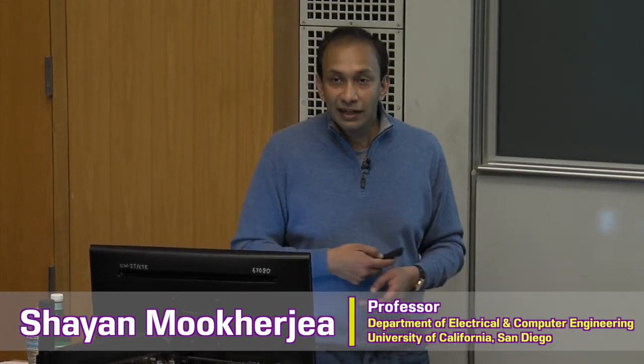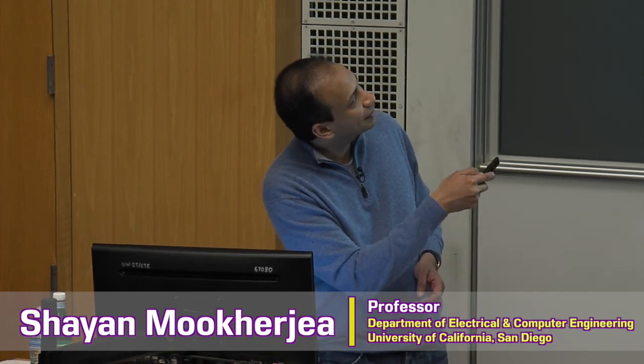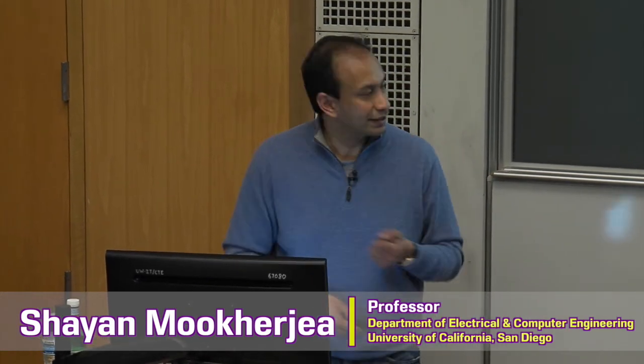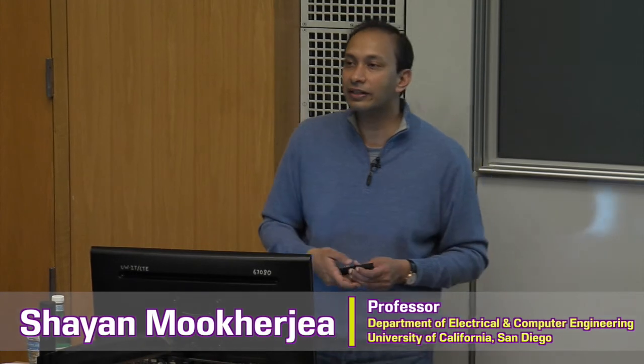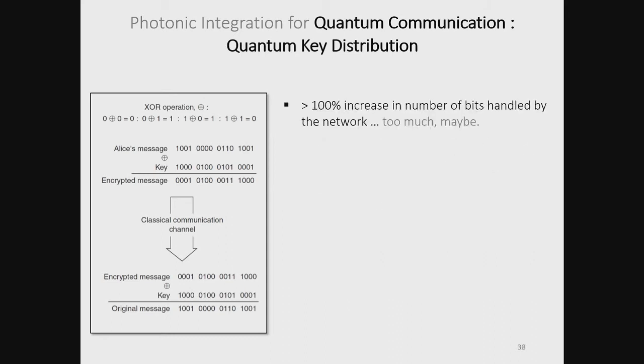And what QKD does, because of this XORing and the key being of the same length, is that this one-time pad idea is just a 100% increase in the number of bits handled by the network. And so in a field in which 10% and 5% improvements define the state of the art, adopting something like this just sets you back by a factor of 2. And so this is probably going to be difficult for widespread adoption.